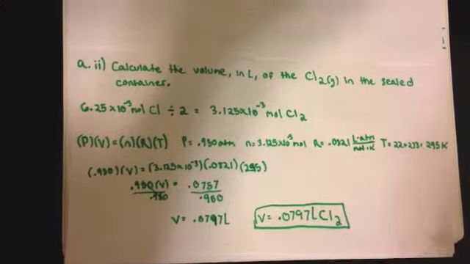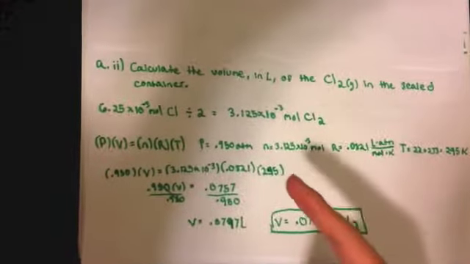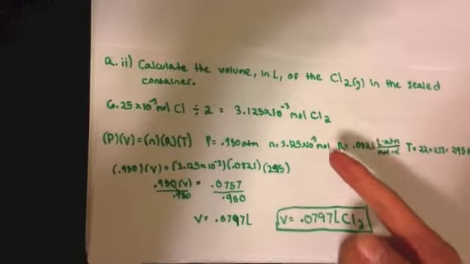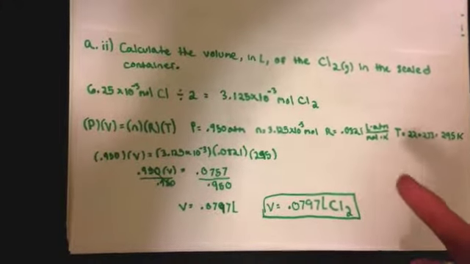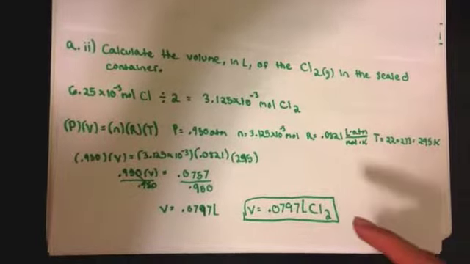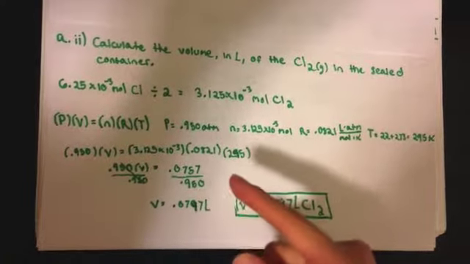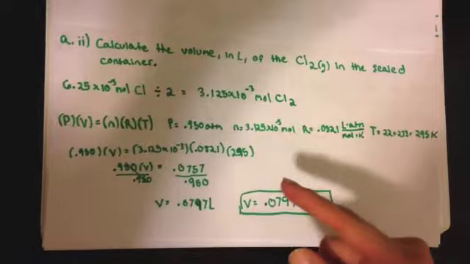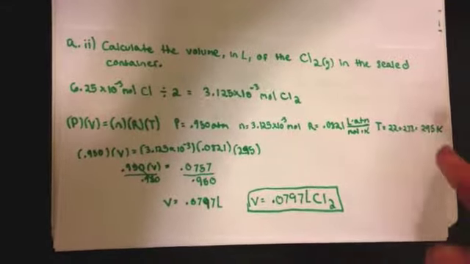For part 2 of A, we have to calculate the volume in liters of CO2 gas in the sealed container. So we take the moles of Cl minus and divide it by 2 to turn into moles of Cl2, and we get 3.125 times 10 to the negative third power. So we set all the values into the PV equals nRT equation. The pressure is 0.950 atm. The moles is 3.125 times 10 to the negative third moles.